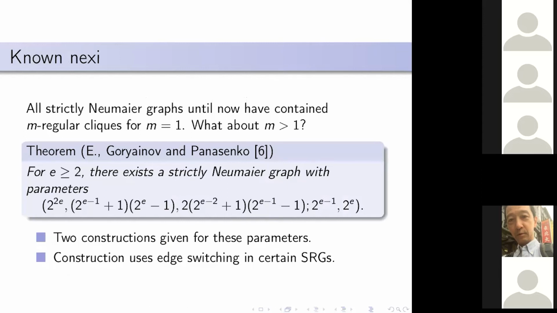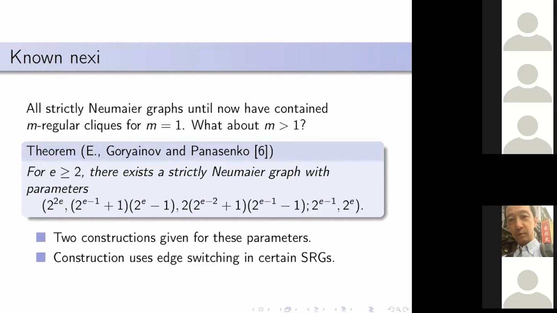Again, something that Martin's already said. So all of these graphs have regular cliques with nexus 1. What about nexus not 1? Well, the only known construction is by Evans, Goryainov and Panasenko. We have 2 constructions, each containing a graph with a 2 to the a regular clique, with nexus a power of 2, a positive power.